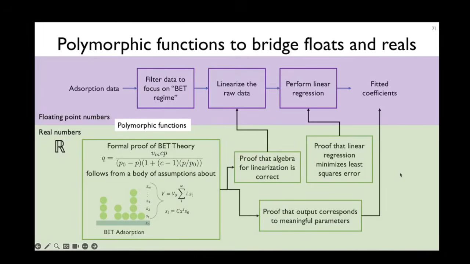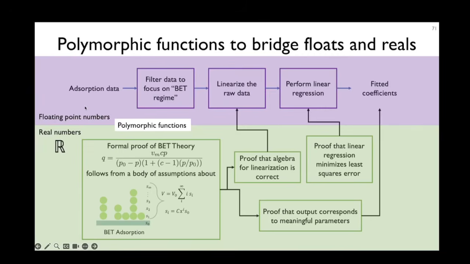So there's another complication, and we're going to talk about this a lot and do exercises of this in the second unit around bridging this world of floating point number calculations and real numbers. So we can write proofs in real numbers. We can't write the same proofs about floating point numbers.